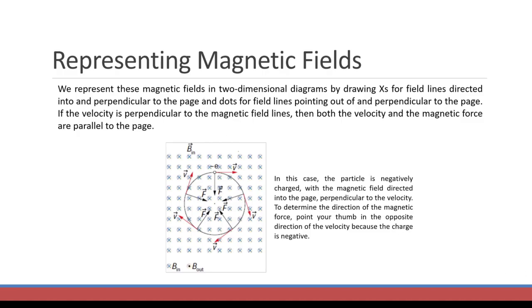So we represent these magnetic fields in two-dimensional diagrams by drawing X's for field lines directed into and perpendicular to the page, and dots for field lines pointing out of and perpendicular to the page. An easy way to remember this is to use an arrow from a bow and arrow.